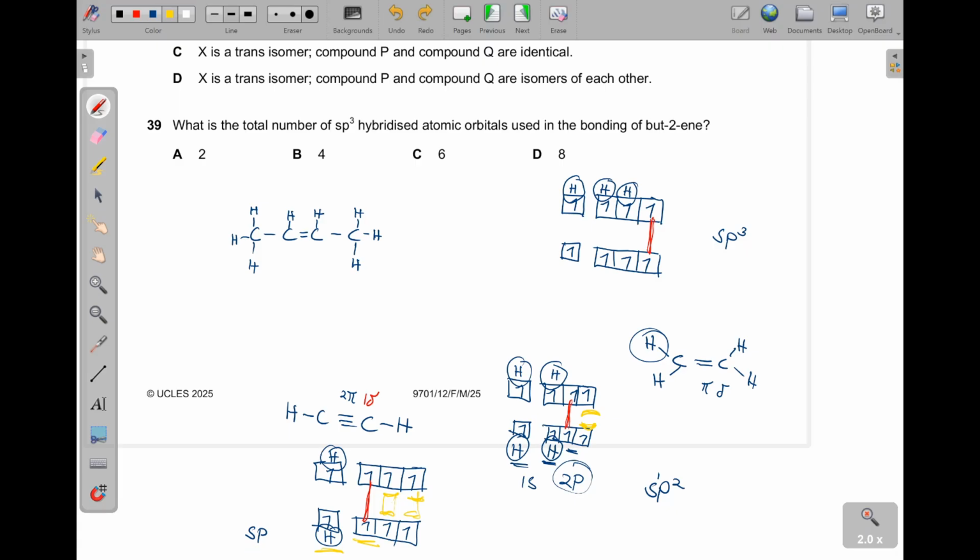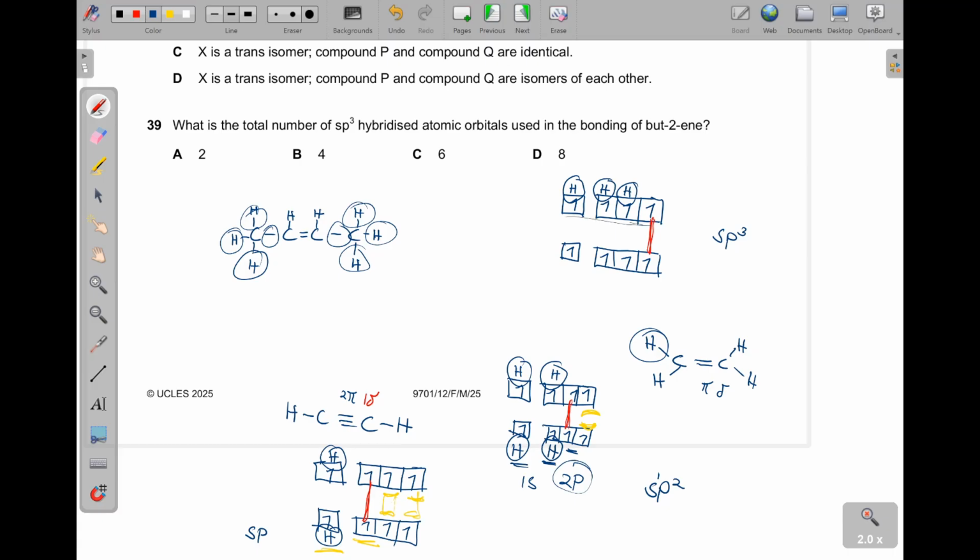All right. Now let's fall back to our question here. So this is how many sp3 hybridized orbitals? Here we are seeing 4 of them: 1, 2, 3, 4. Then also this side 1, 2, 3, 4. Those are 8 sp3 hybridized orbitals.